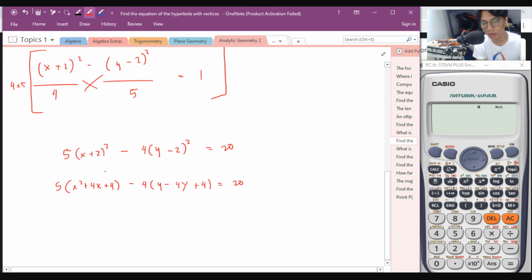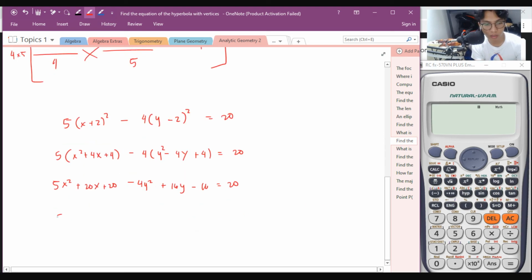Oh, distribute ko na to. 5x squared plus 20x plus 20 minus 4y squared plus 16y negative 16 equal to 20.